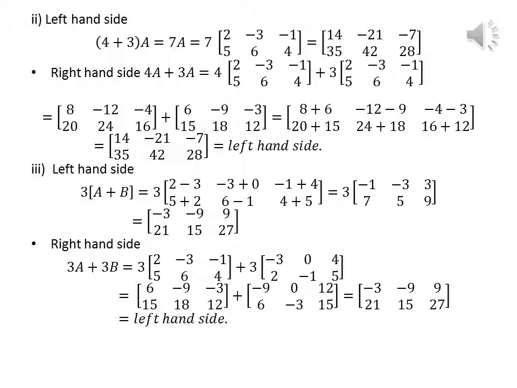Multiply each element inside the matrix by 7. We get the result 14, negative 21, negative 7, 35, 42, 28, which is the left hand side.